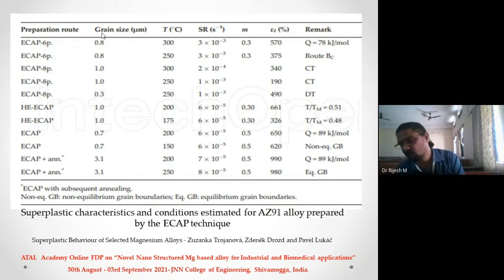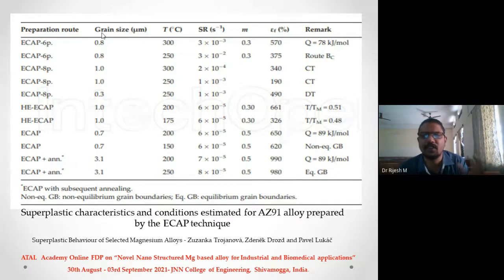Even though it's a slow strain rate process, this is a window where magnesium can be processed nicely. You don't get this elongation at room temperature or in most working temperatures, so we have to exploit this phenomenon to work on magnesium.